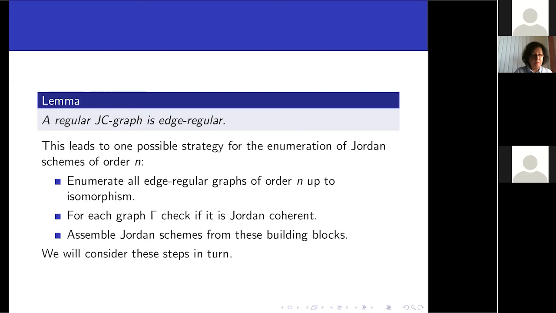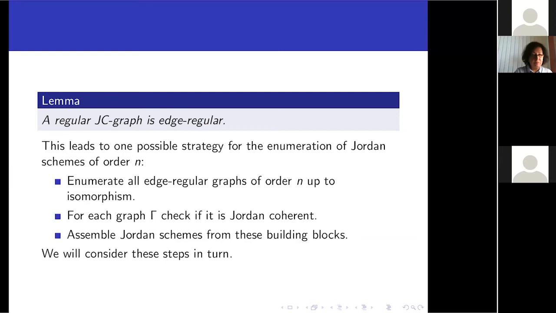And so this gives us one possible strategy for the enumeration of small Jordan schemes. First of all, find all edge regular graphs of order n up to isomorphism. From those, check each graph to see if it's Jordan coherent.